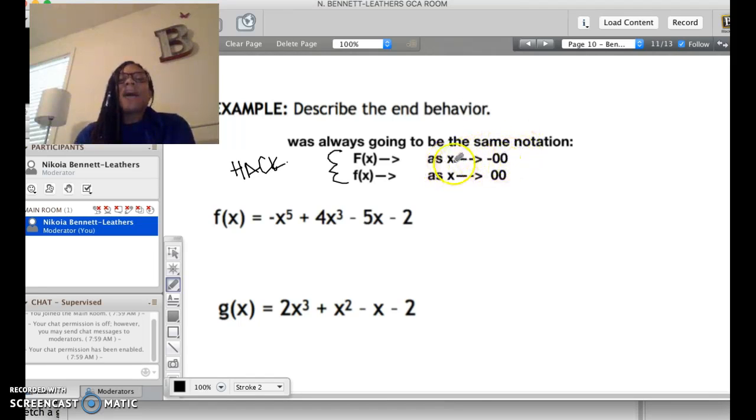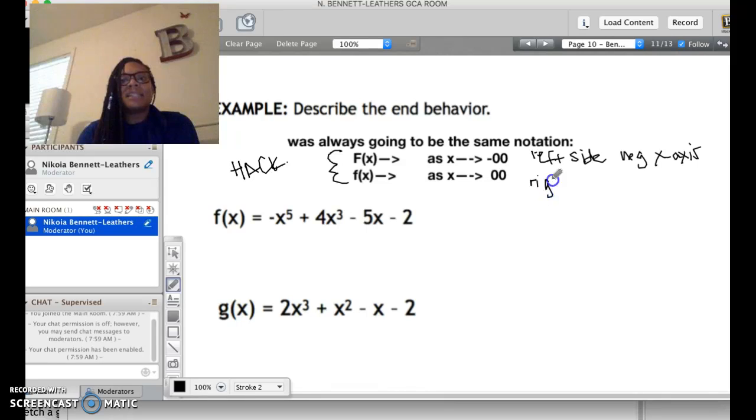Remember, as x goes to negative infinity, we were just talking about a side of the graph. X going to negative infinity just referred to the left side of the graph, or us being on the negative x-axis. And as x went to positive infinity, that was the right side end behavior.